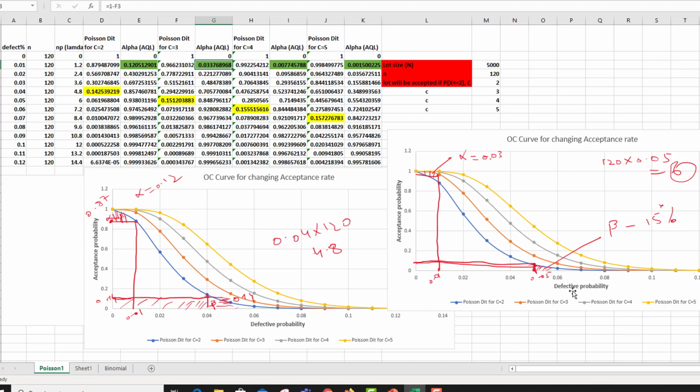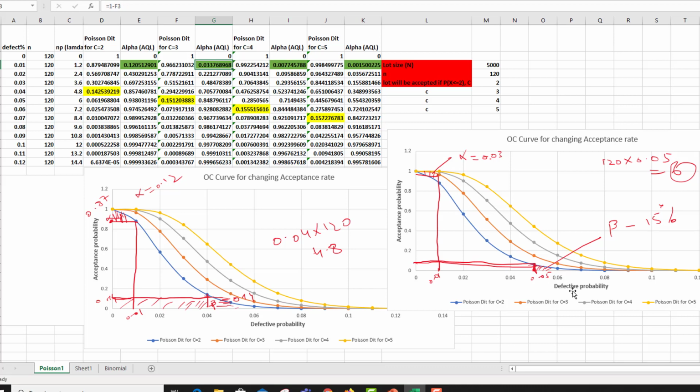For example, if the lot has only 1% defective with a sample size of 120, we would expect only 1.2 defective units. Increasing the acceptance number from 1 to 2 lowers the probability of finding more than 2 defects and consequently lowers the producer risk.